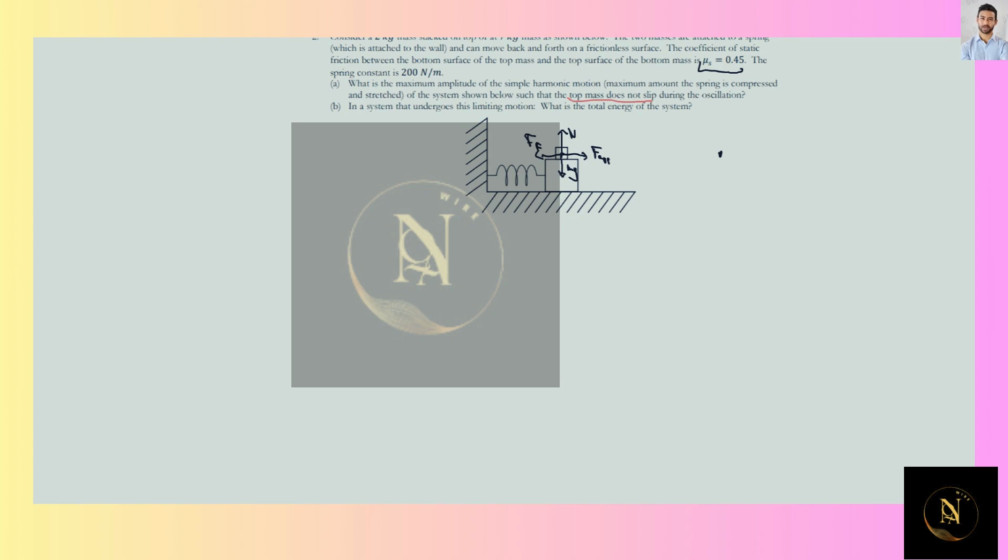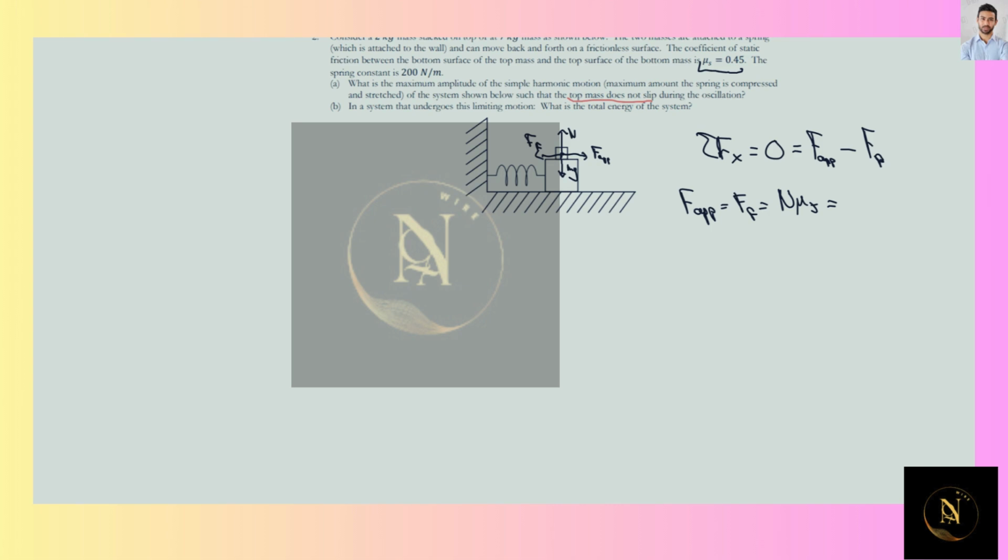According to this diagram, the sum of the forces on x needs to be equal to 0 for the mass not to slide. That means the applied force minus the force of friction equals 0, so the applied force needs to be equal to the force of friction, which is the normal times the coefficient of static friction.